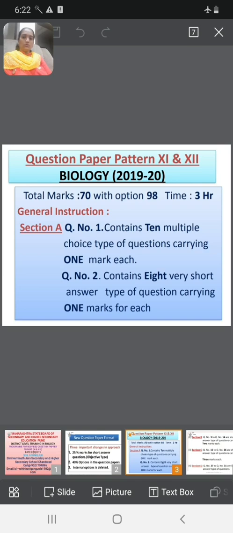Then question 2 contains 8 very short answer questions carrying 1 mark each. Means question 1 is for 10 marks and question 2 for 8 marks, so a total of 18 marks are for section A.